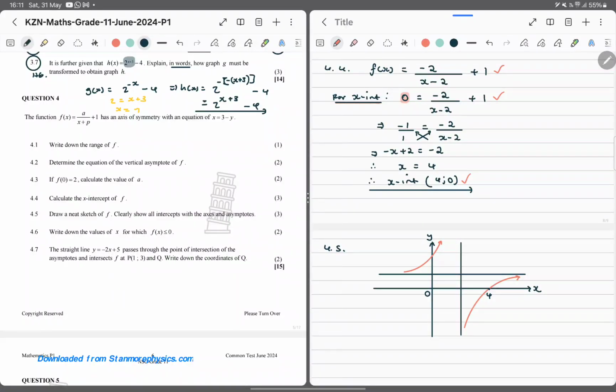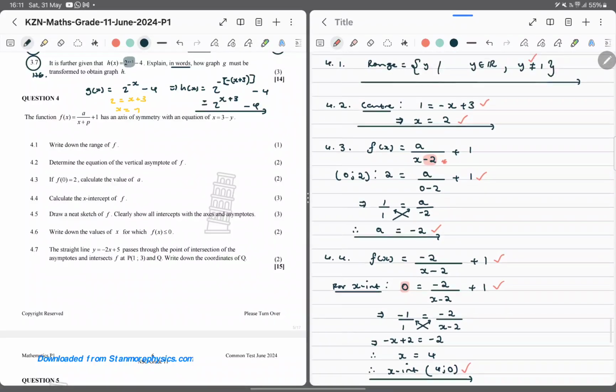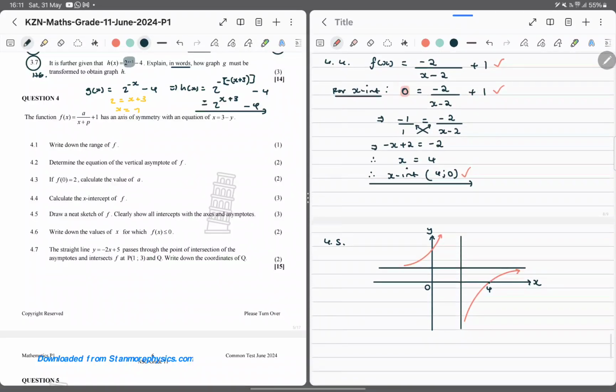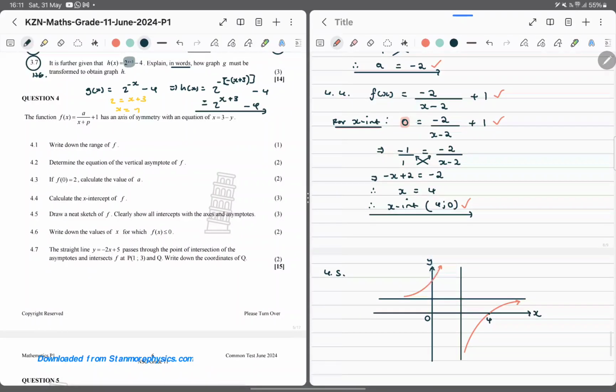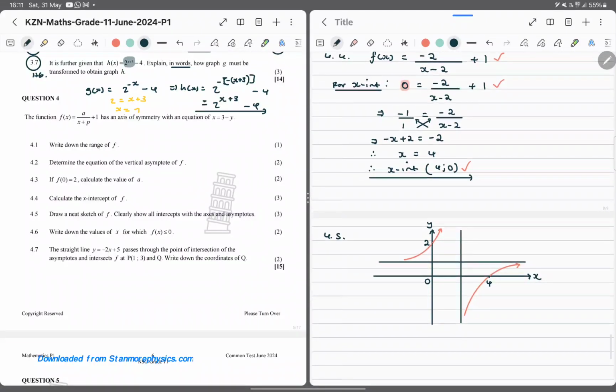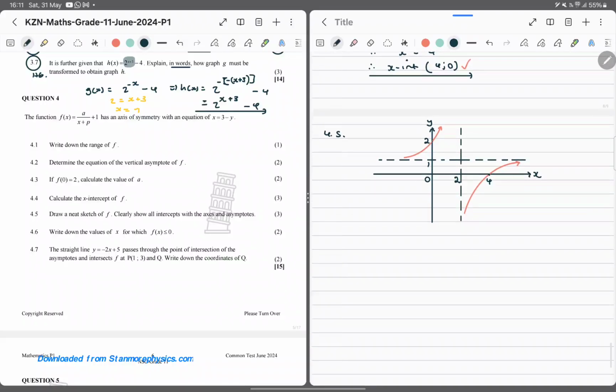So what did we get there? It was 2. The y-intercept we were given anyway that it's 0 and 2, so I can write a 2 there. Now we dash our asymptotes. This is 2. That is 1. The graph is done, guys.